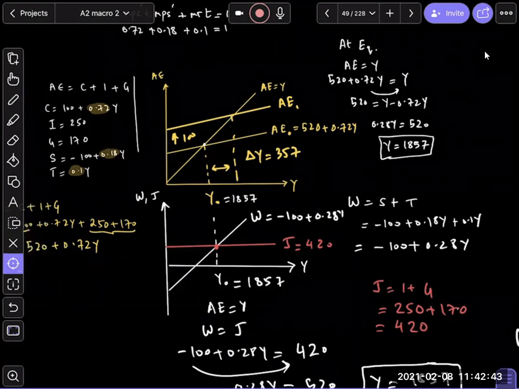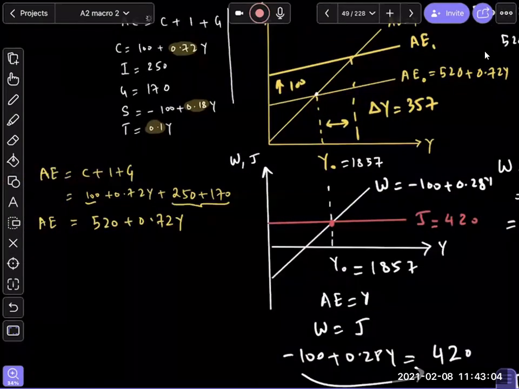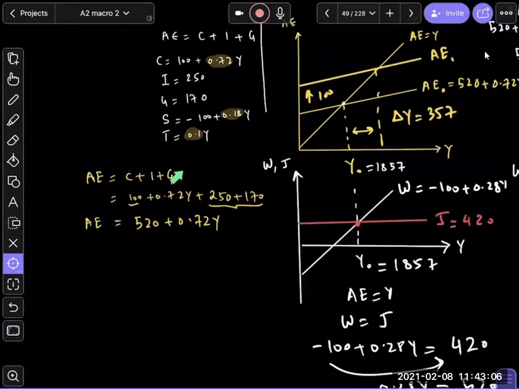So when you're doing the 3 sector model, you're changing a few things. Number one, when they give you the tax rate, you find out your MPC after tax, you find out your MPS after tax, and then you change your withdrawal equation to S plus T, you change your injection equation to I plus G, and you change your AE equation to C plus I plus G. And your multiplier now is not 1 over MPS anymore, it's 1 over MPS plus MPT, because now you have one more withdrawal.